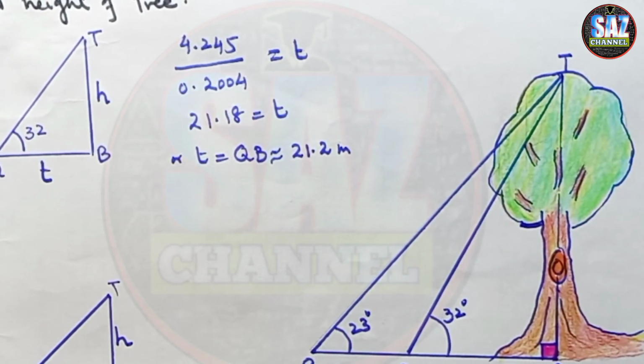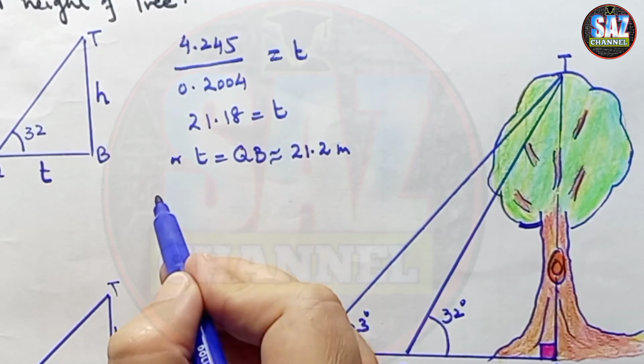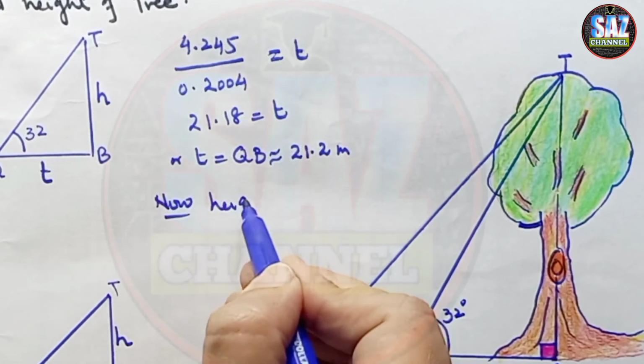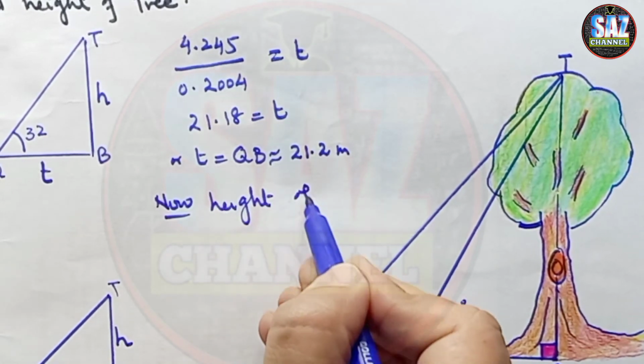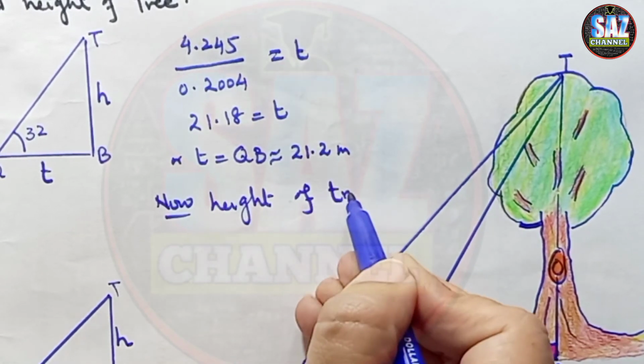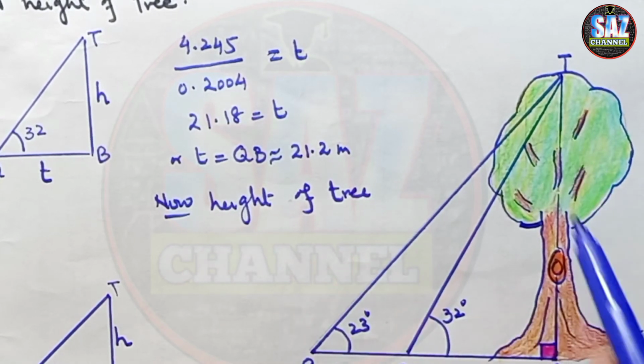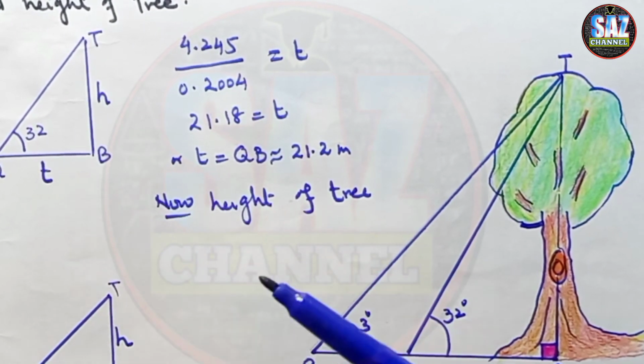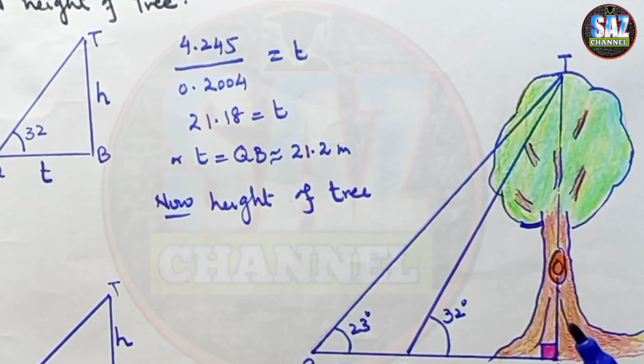The actual requirement of the question is the height of the tree. The height of the tree is what we have assumed as h or TB. We can see that TB is involved over here as well, so we can find the value of h from any part of the question.